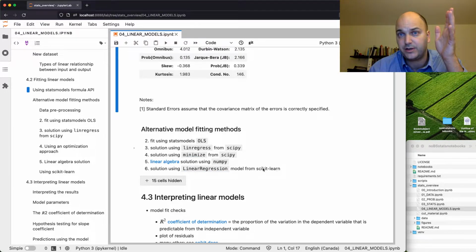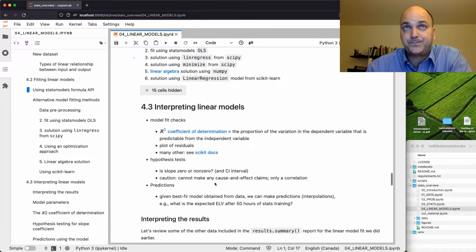This is a machine learning library that contains linear models in it. All of these do find exactly the same numbers, the same optimal parameters. So if you're interested, you can unfold this and read about the details from these other options. In the interest of time, I'm going to skip that.